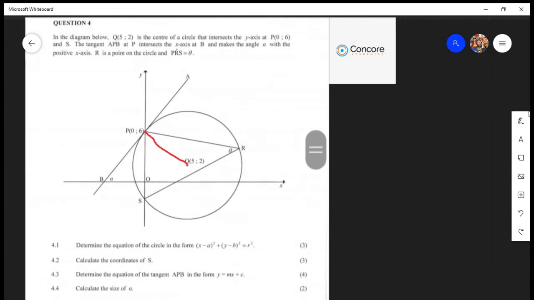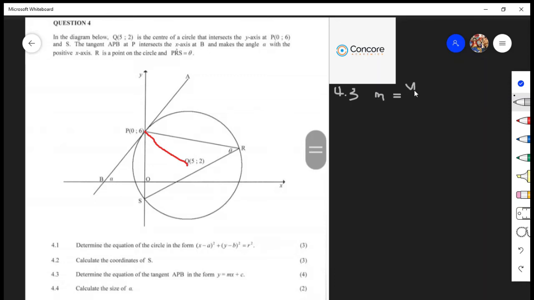So question 4.3. So the gradient is m is equal to y2 minus y1 over x2 minus x1, which is then equal to, so let's make Q our 1 and P our 2 option.